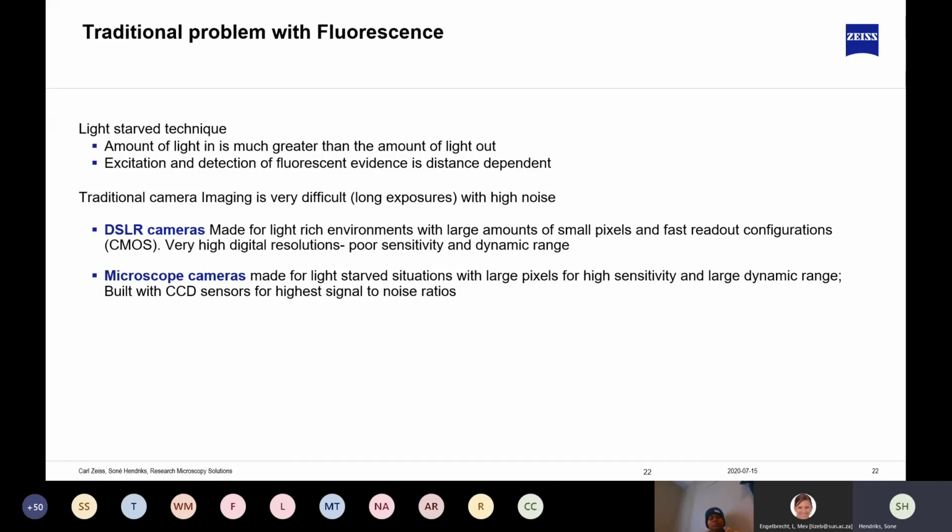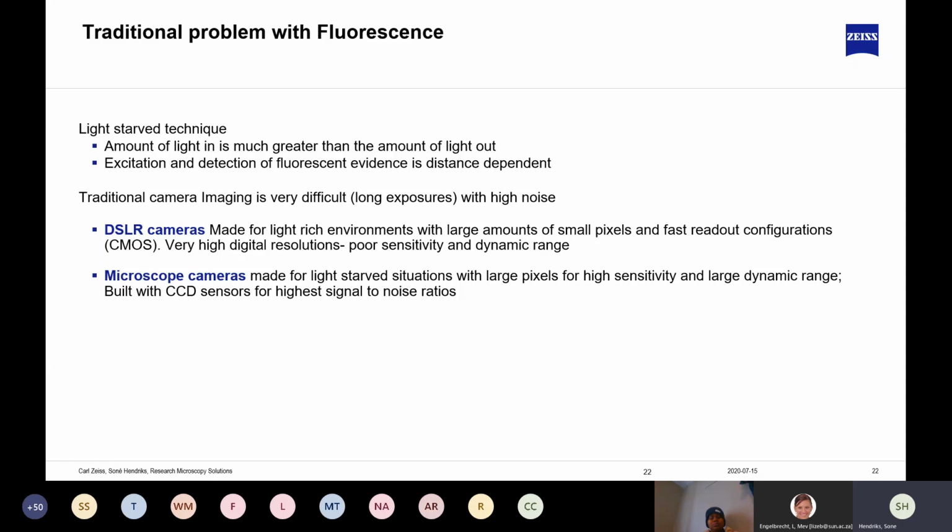That is why they already have very large pixels. Now, because we design the pixels to be much larger so that they have very high sensitivity and high dynamic range, you will always find that microscope cameras have a lower amount of megapixels.